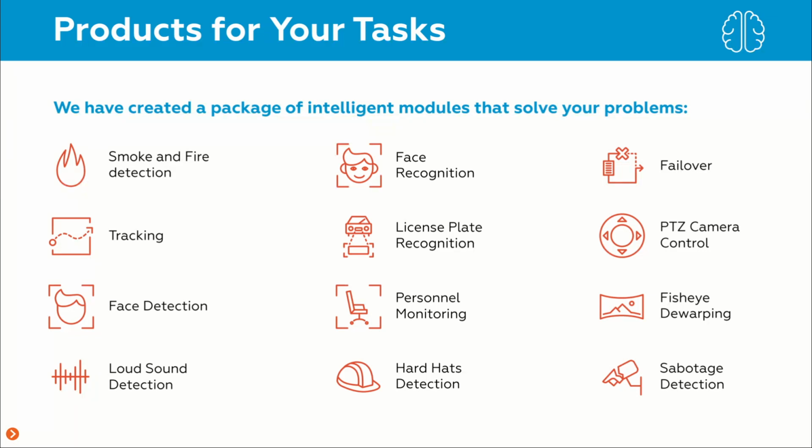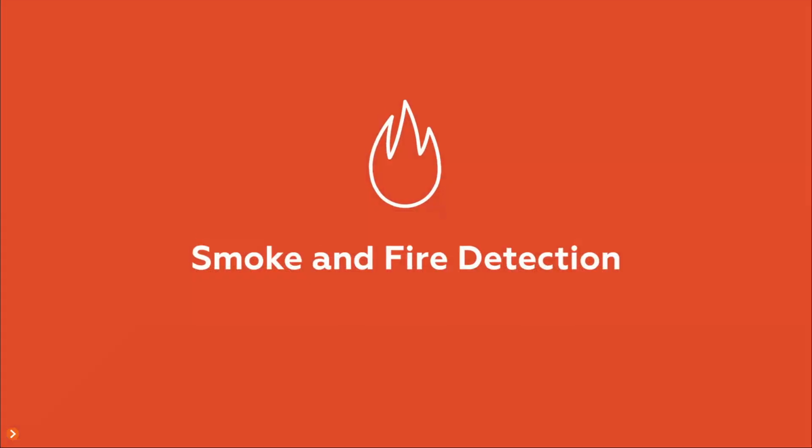Among them you can see smoke and fire detection, face recognition, license plate recognition, our recently developed hard hats detection, and now I will tell you more in depth about what these modules can do for manufacturing facilities.